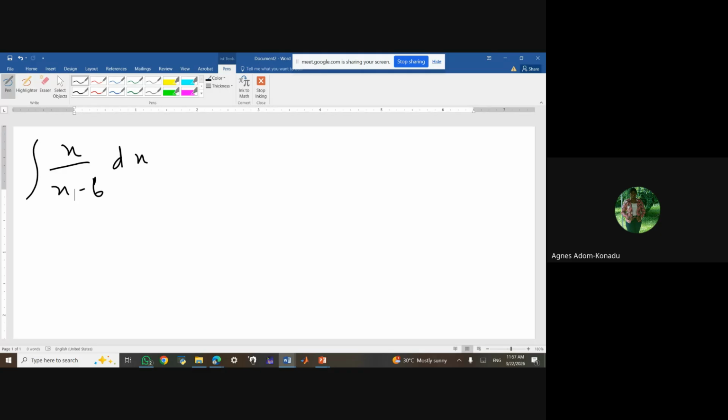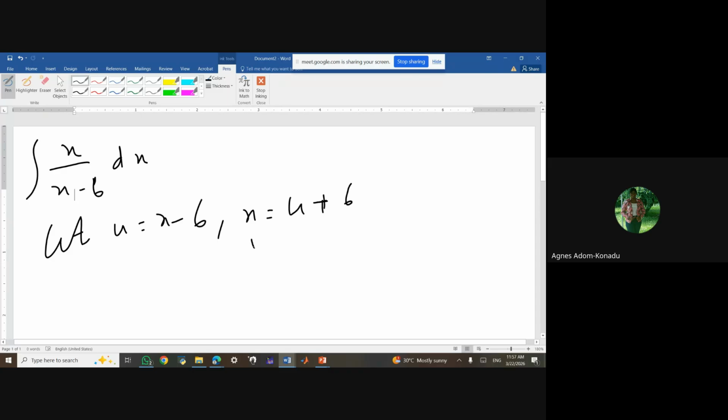Okay, so let me just use this method. So we can have another method, but let's use this. So let u be equal to x minus 6, so that my x will be equal to u plus 6. So my dx will be equal to du. So I go back to the function here.